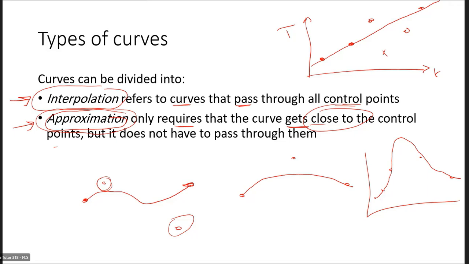So this is a curve, and this curve passes through all the control points. Suppose that we have the same points, and we can have a curve like this. So this is another curve that passes through all the control points.